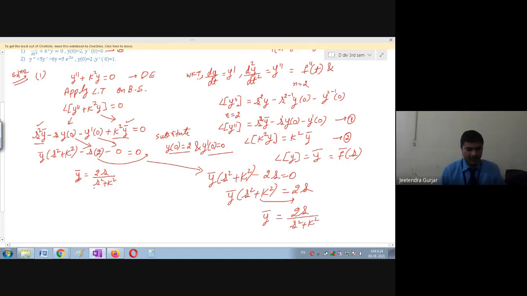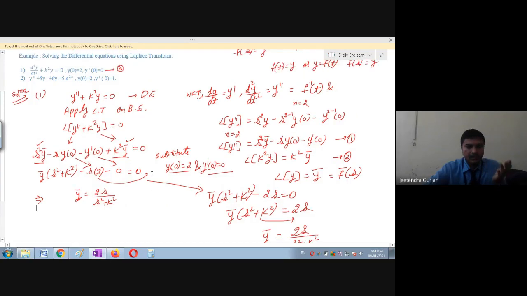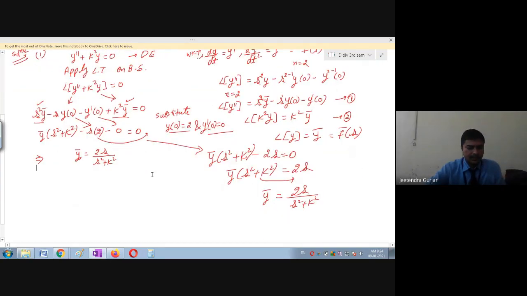So why have we done this? I will tell you the trick here. Please remember, students, in the previous classes they gave this directly, that is, f dash of s used to be given, in terms of s, and then by using L inverse of f dash of s, we used to get f of t, by the definition of Laplace transform, right?